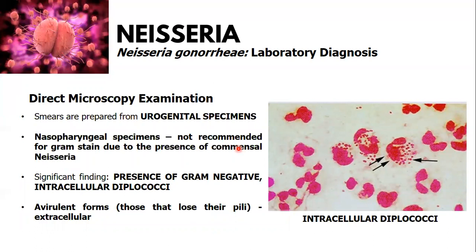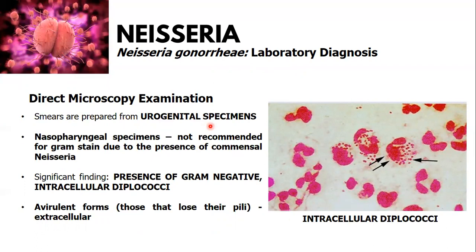Once clinical specimens are received in the laboratory, direct microscopy should be done, especially from smears prepared from urogenital specimens, particularly endocervical and urethral specimens collected from women and men, respectively.